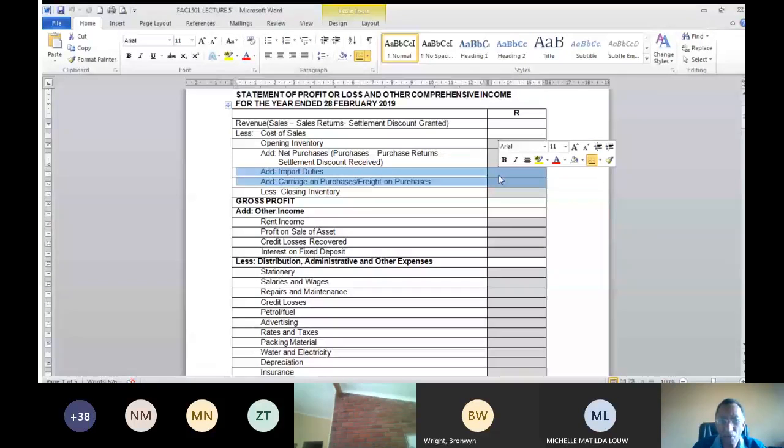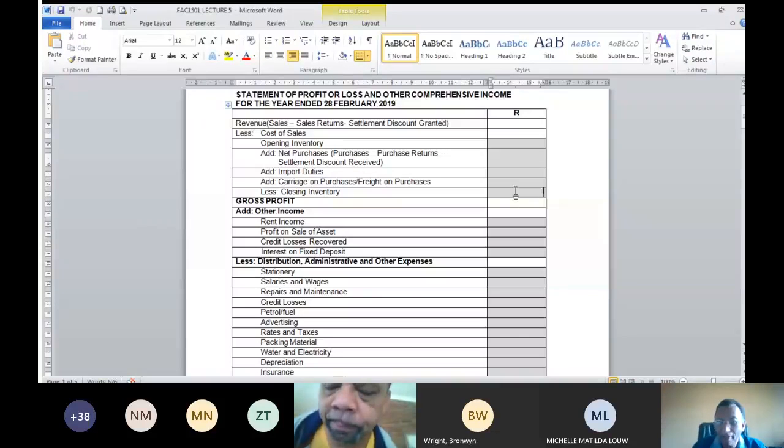Whether we must pay for import duties, carriage on purchases, freight on purchases, sometimes we've got railage on purchases or insurance on purchases. All of those items are added to the cost of sales. And then lastly, guys, we subtract the closing inventory. Subtract the closing inventory, show it in brackets, okay? And that is the amount of closing inventory that must be subtracted.